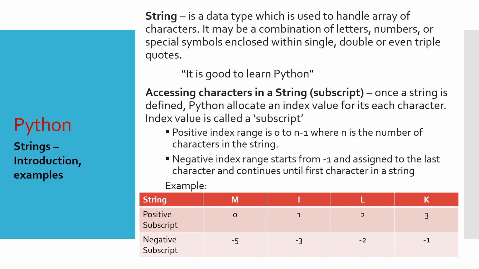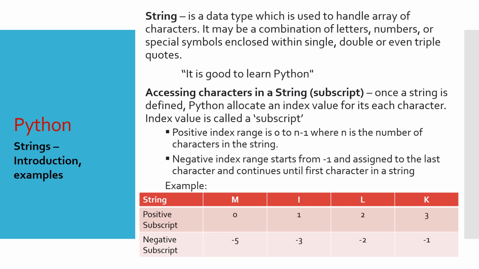There is a concept called substring. So when you want to access a subscript, what does that mean? You want to have only a small section of a particular statement, and you can do that by positioning. There are two types of indexing we use in programming: positive index and negative index.